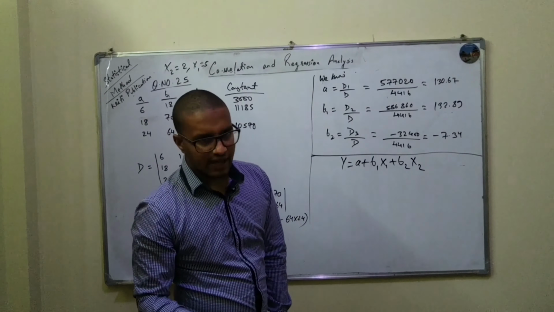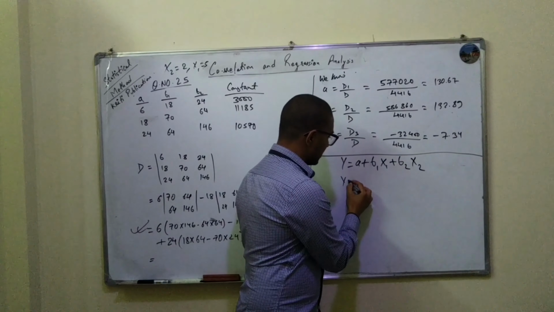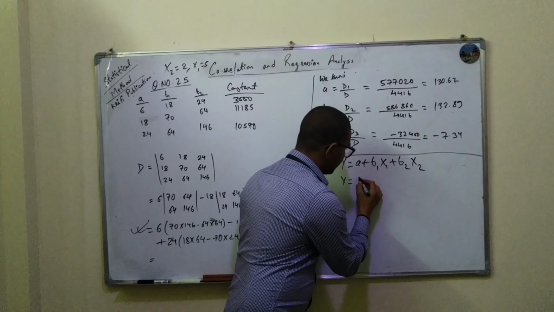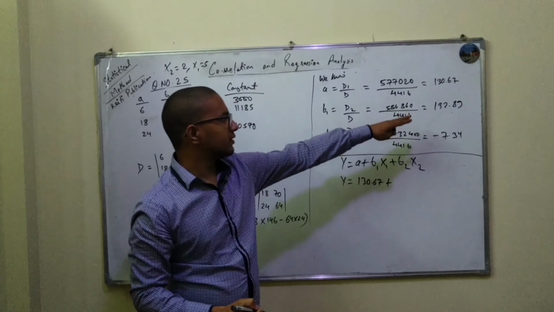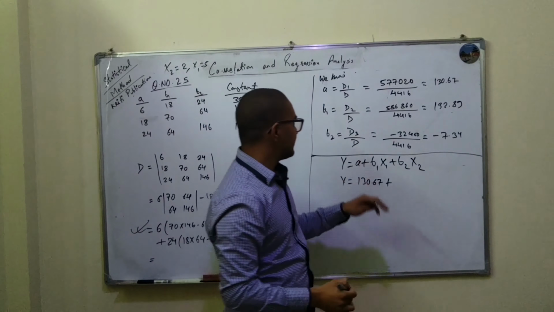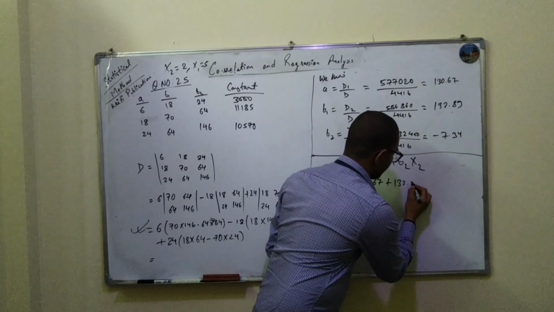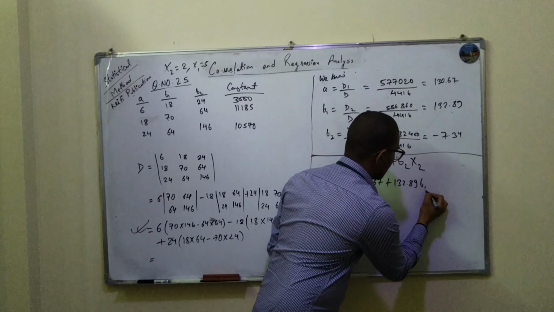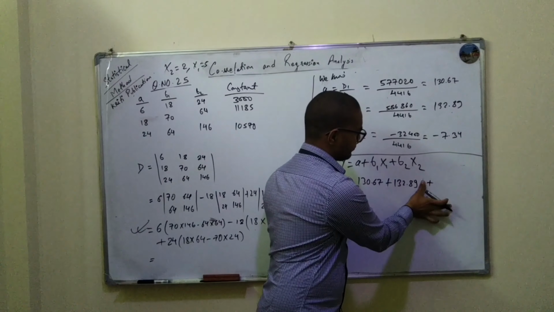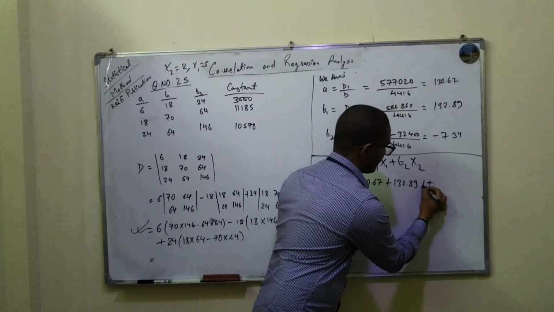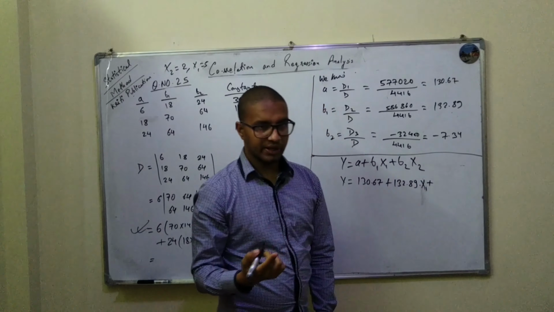So when we put in the values, how much do we get? y is equal to a, which is 130.67, plus this one is 132.89 times x1, right?